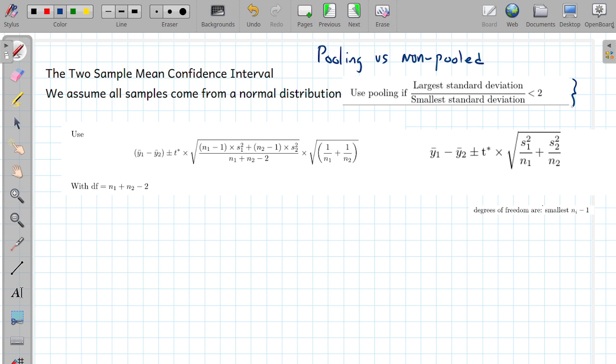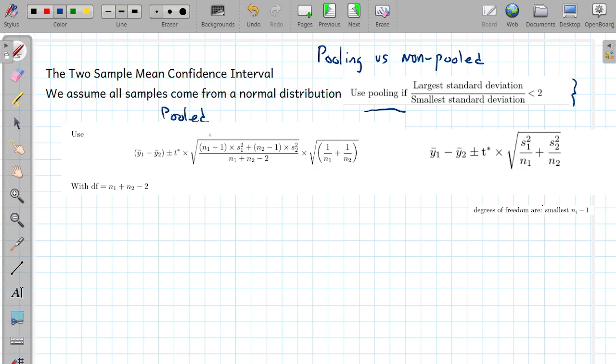If it's less than 2, you're going to use pooling. In other words, if the big one is less than twice the size of the little one, you can take the weighted average. And if you do that, you will use this version here of the confidence interval.